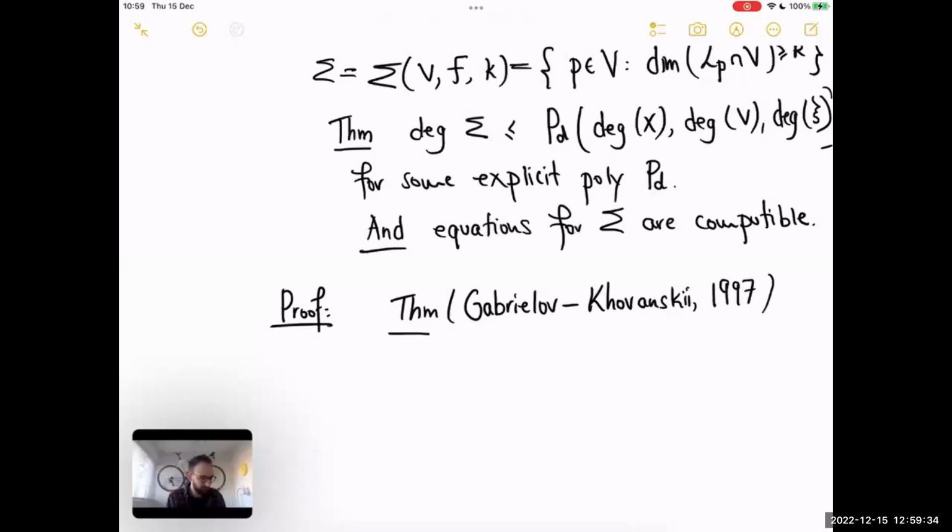Which says, not in exactly the same language, but it says something like this.